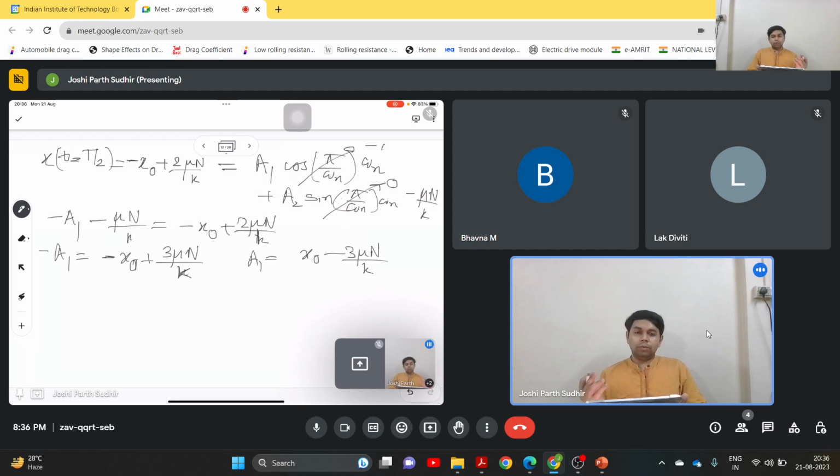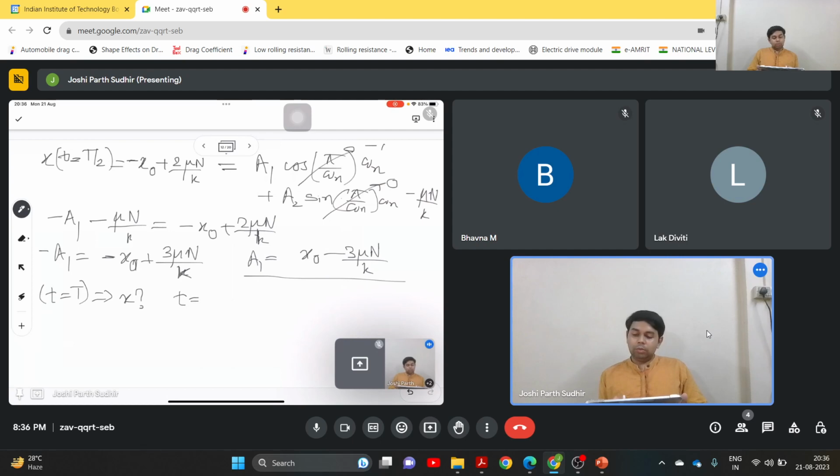So after one full cycle, now we found out the value of a1. Now after one full cycle, which is time t is equal to capital T, what will be the x?